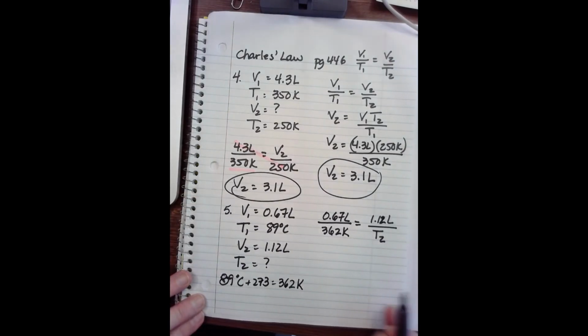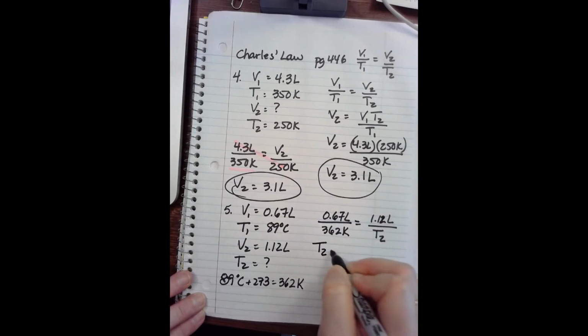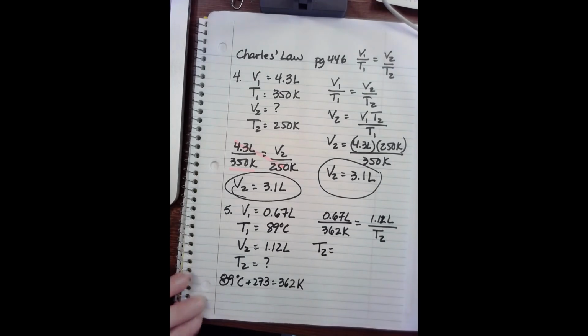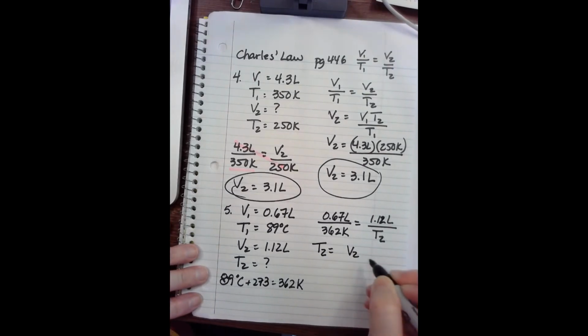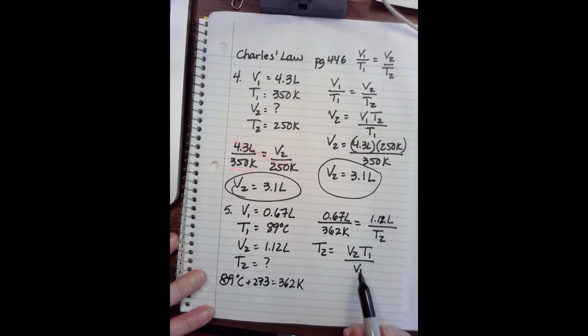All right. So now we see our T2 is down here. So when we cross multiply, this now becomes a divisor. So let's set it up the other way. If we're answering for T2, that would be V2 times T1 divided by V1. If you rewrite the equation, that's what it will be.